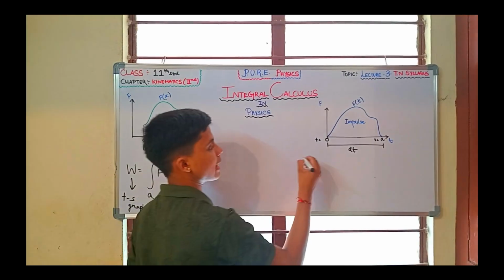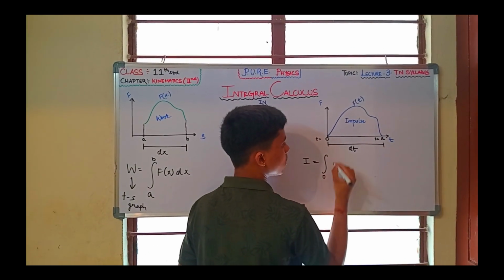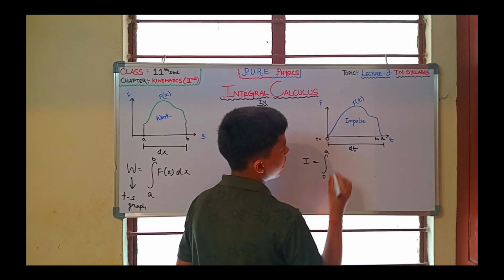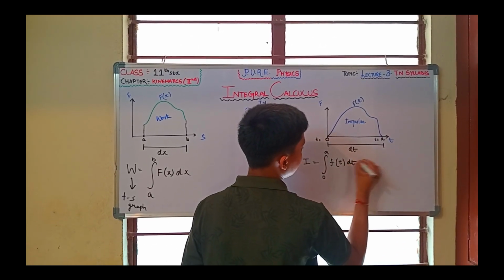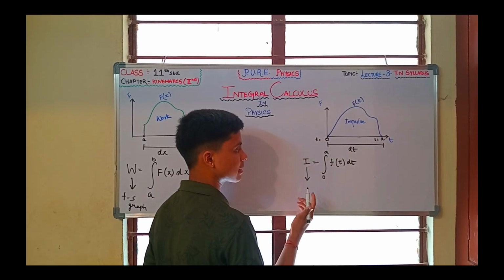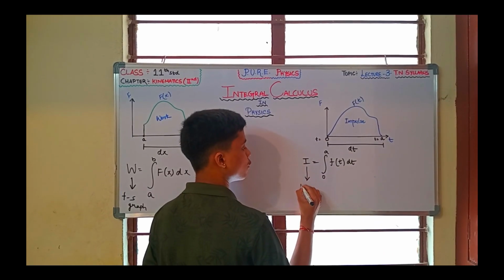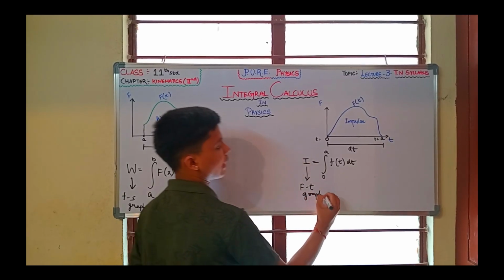So now impulse can be defined as I is equal to the integration from 0 to A of f of t dt, and this impulse can be found using the force time graph.